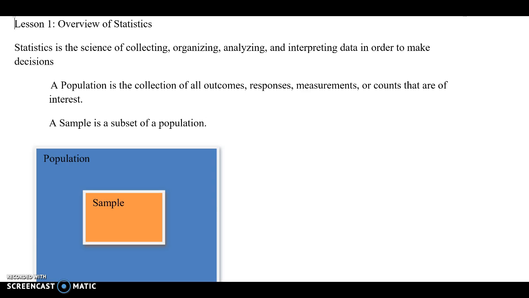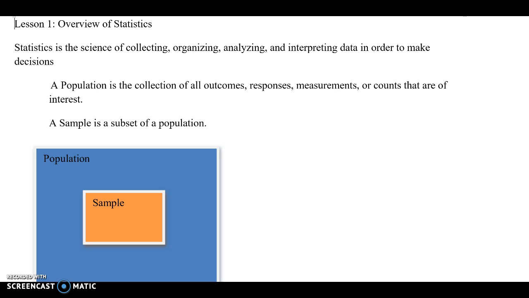So after all, let's say you found the mean height of BMCC's male students is about 69 inches, and that will be your data interpretation. So statistics is the whole process of collecting, organizing, analyzing, and interpreting data in order to make a decision.